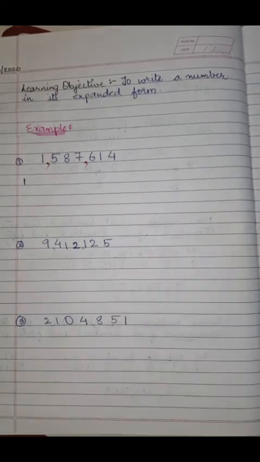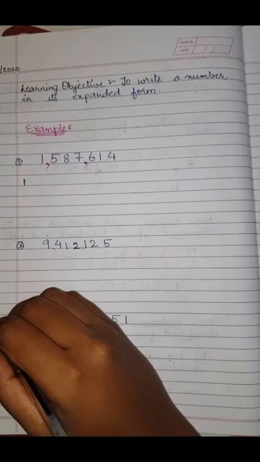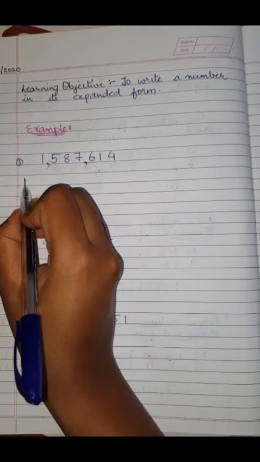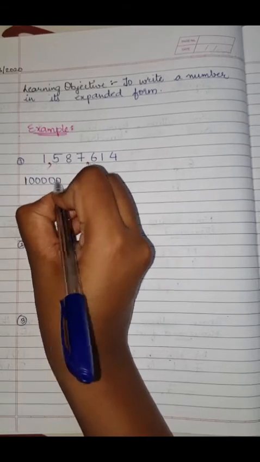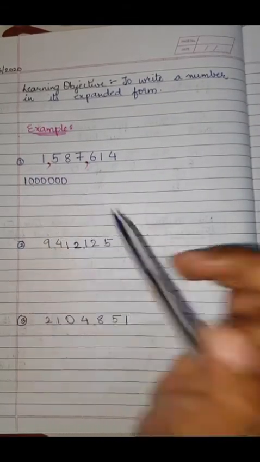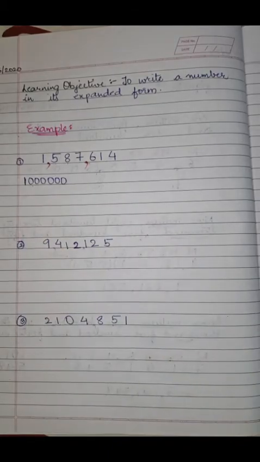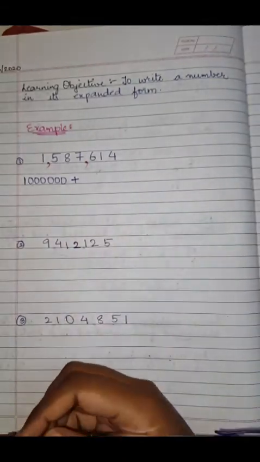So you've counted the digits. Now you will put that many zeros. So after this 1 you will put 6 zeros. 1 2 3 4 5 6. Now you'll put an addition sign, plus.